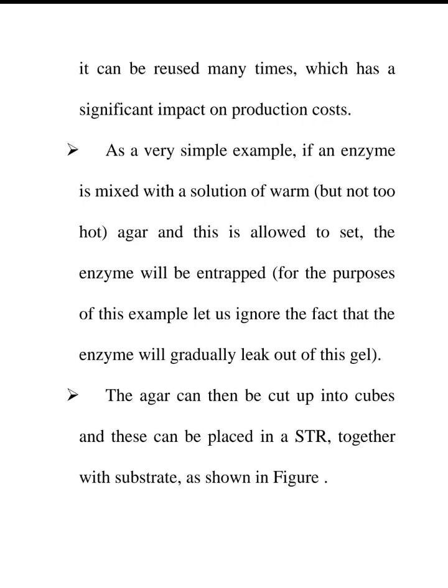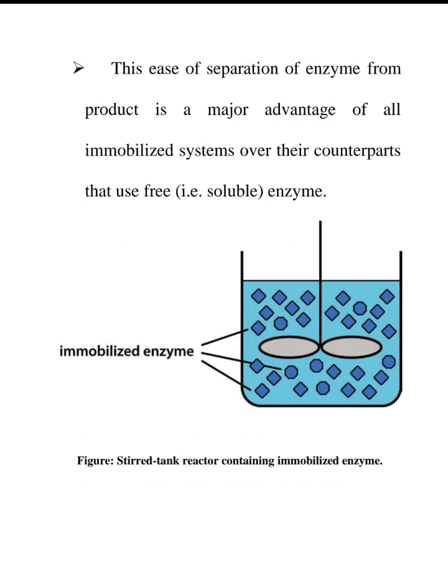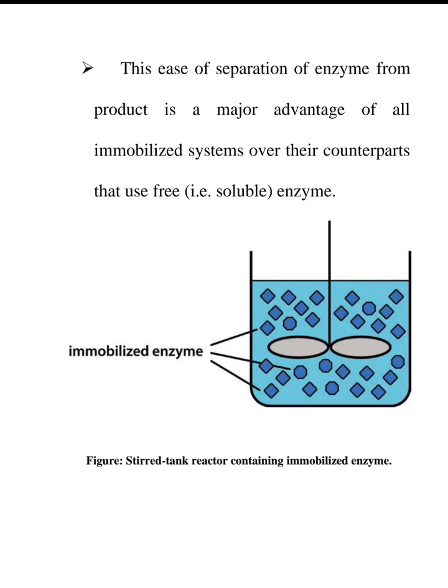For the purpose of this example, let us ignore the fact that the enzyme will gradually leak out of this gel. The agar can then be cut up into cubes and placed in a STR together with the substrate, as shown in the figure. This is immobilized enzyme.